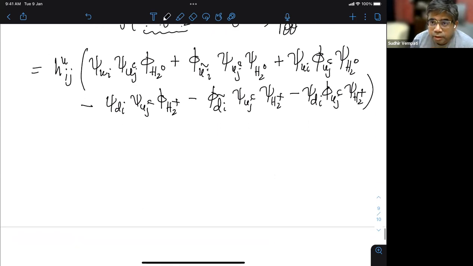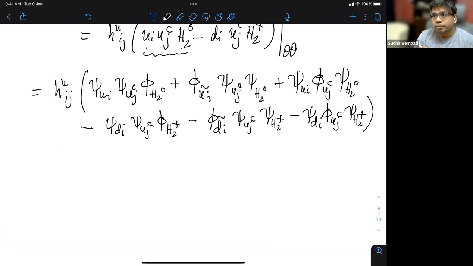So these are your six Yukawa couplings coming from one single term in the superpotential.